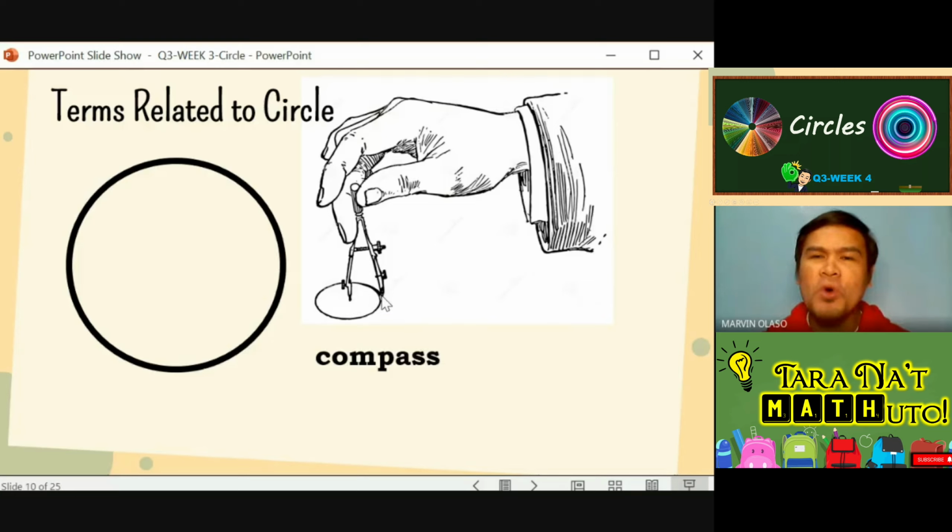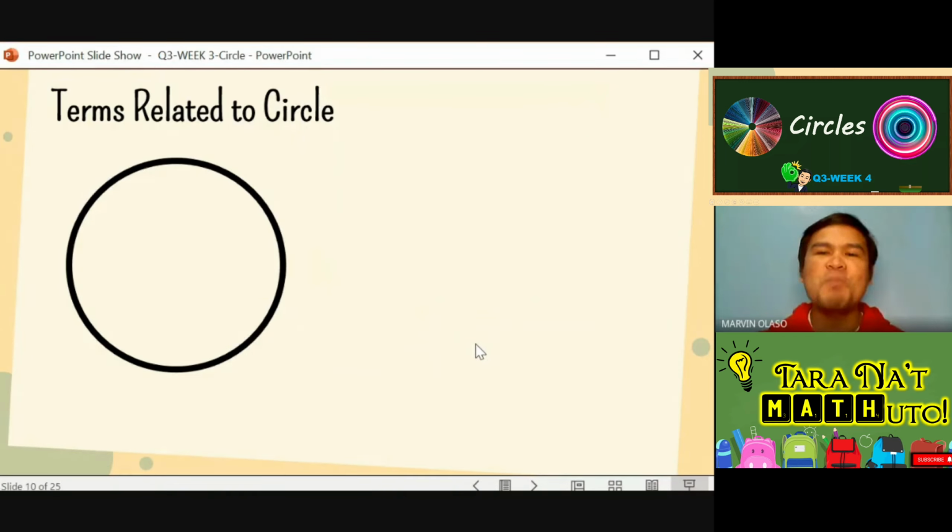At ito naman po, ang other point na kung saan nilalagay yung pencil or any colored pen to draw any arcs or circles. Okay? So yan ang iyong gagamitin if you want to draw a circle. Depende kung gusto mong malaki, bubuka mo lang ito. Kung gusto mong maliit ay medyo ikikipot mo lang siya. So that is the use of compass.